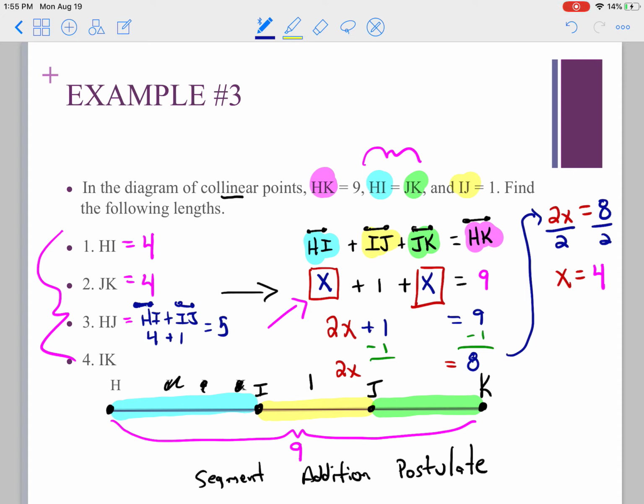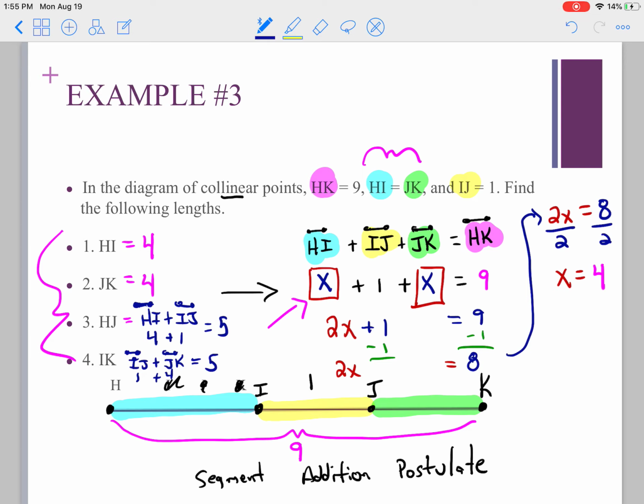And then IK is going to be the same type of operation. It's going to be IJ plus JK. And so that is going to equal 1 plus 4, which is equal to 5.